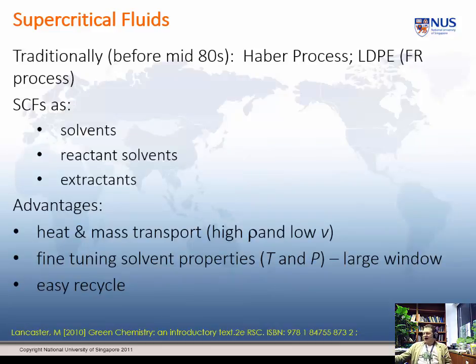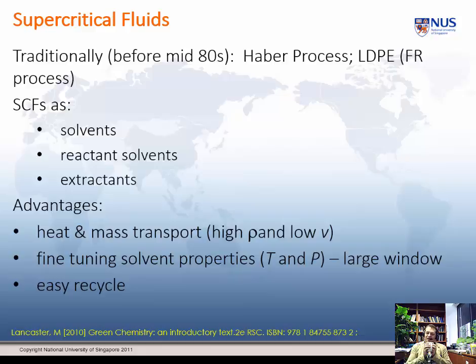Now, okay, supercritical fluids were really thought about properly from the mid-80s, but even before that, there were some processes that ran above the critical point for those solvents. The Haber process is one. It's the nitrogen-hydrogen process to make ammonia.